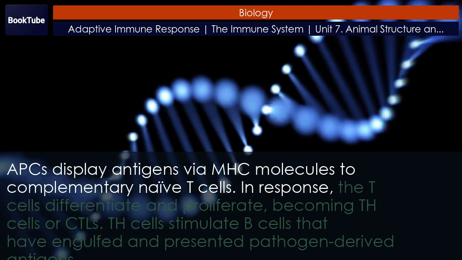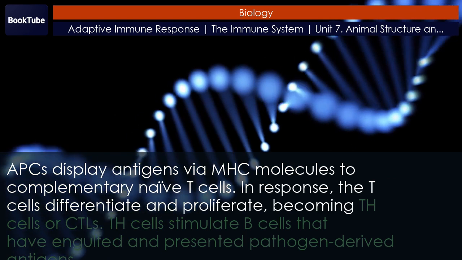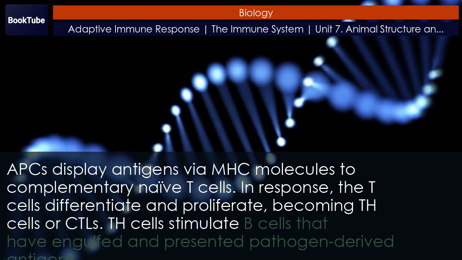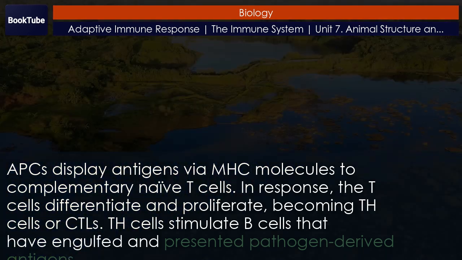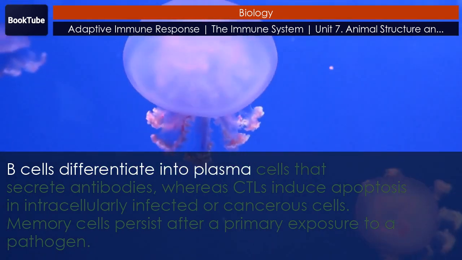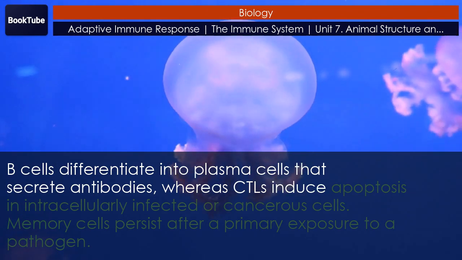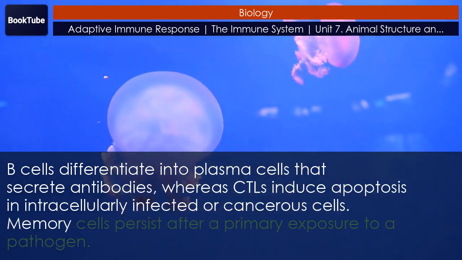In response, the T cells differentiate and proliferate, becoming Th cells or CTLs. Th cells stimulate B cells that have engulfed and presented pathogen-derived antigens. B cells differentiate into plasma cells that secrete antibodies, whereas CTLs induce apoptosis in intracellularly infected or cancerous cells.